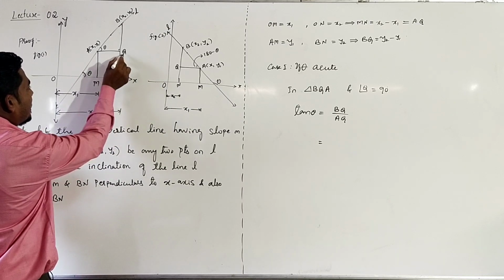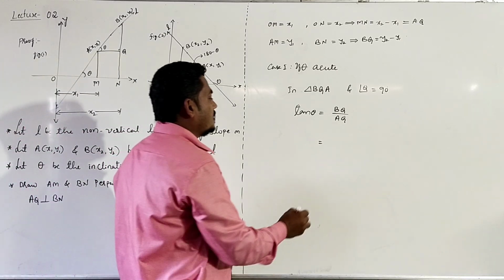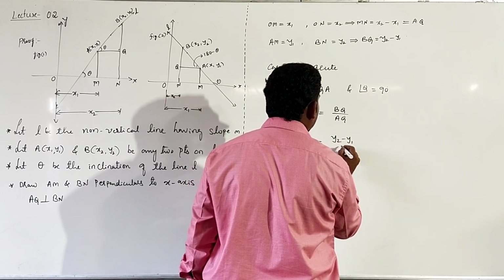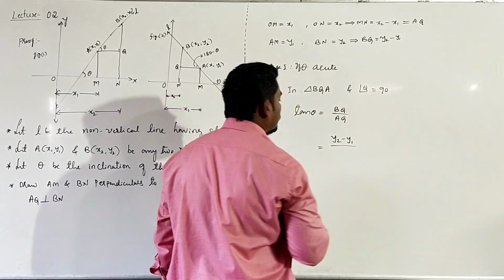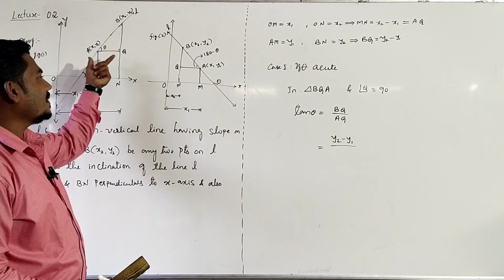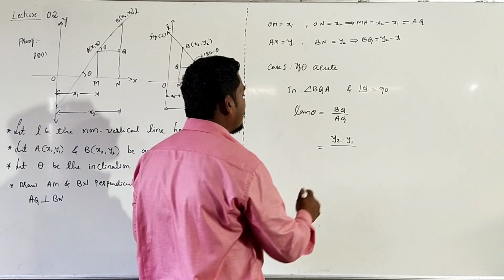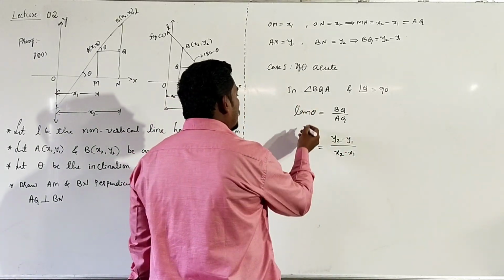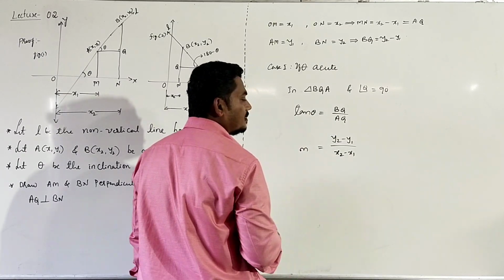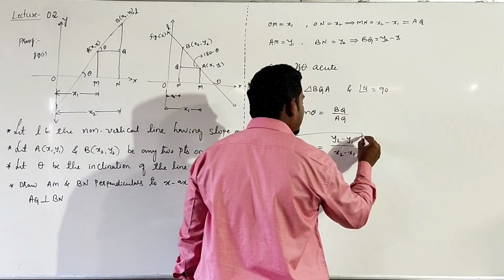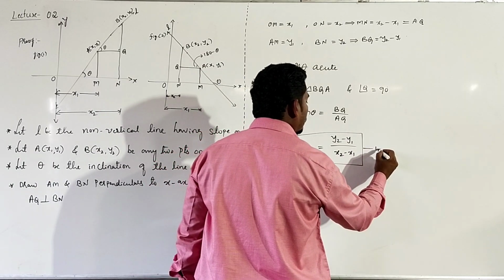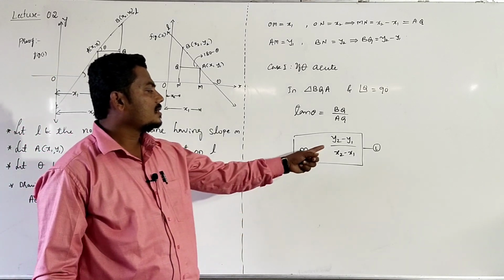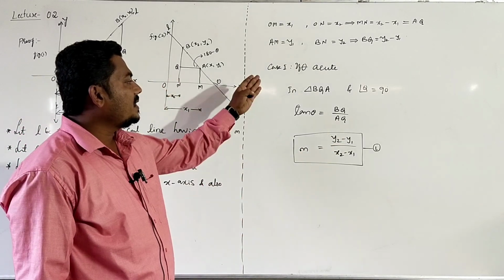So BQ is nothing but y2 minus y1 divided by AQ. What is the AQ value? Already you know AQ is equal to x2 minus x1. And already you know tan theta is nothing but the slope m. Take this as equation number 1. And clearly the slope of the line joining 2 points is (y2 minus y1) divided by (x2 minus x1) if theta is acute.